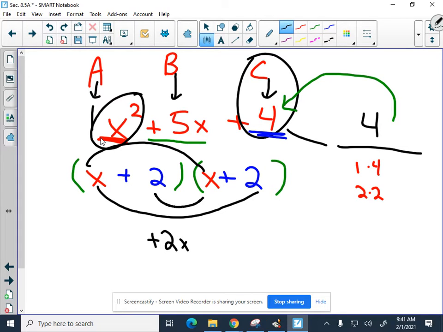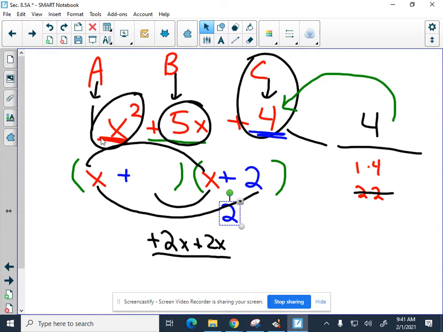And this 2 times that gets me a plus 2x. And then I have to look, do those two, when I combine them, get me the 5x? So I haven't factored it correctly. I haven't broken it down correctly. So that tells me 2 times 2 would not work. So I'm going to take the 2 out and the 2 out there.